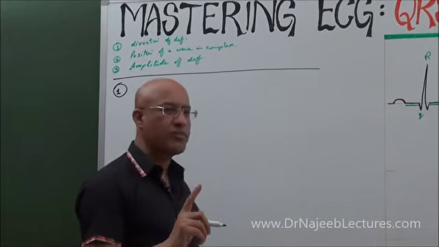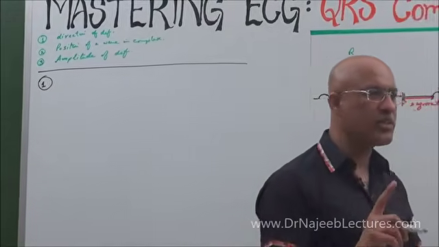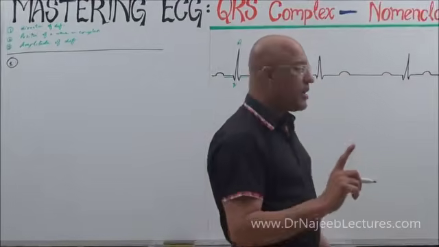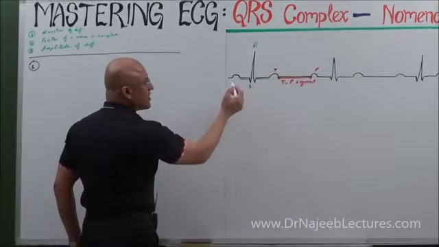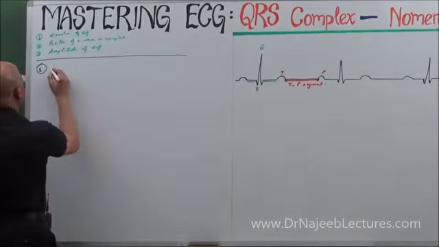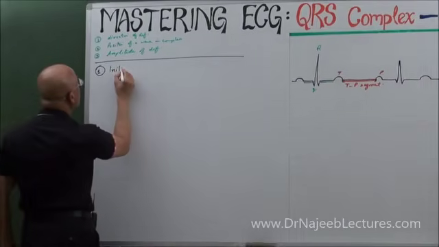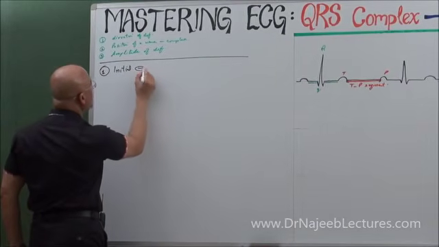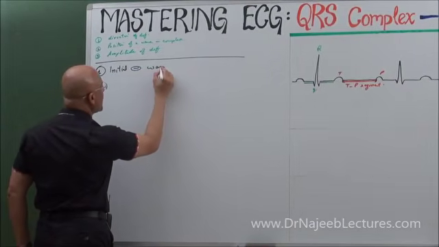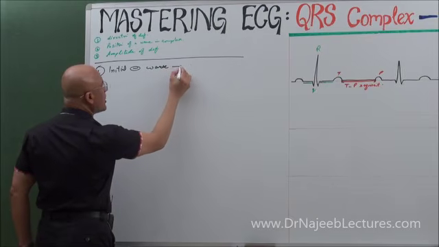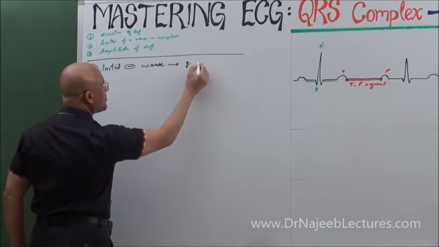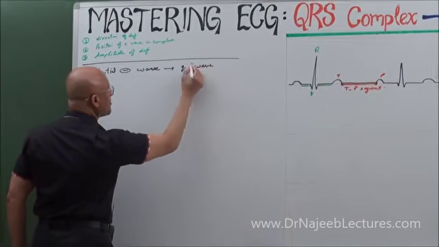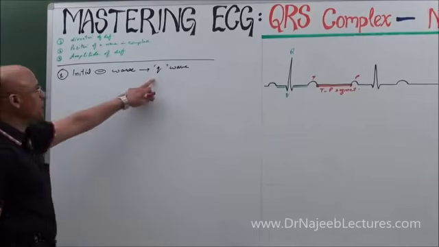The first principle, or first rule of the nomenclature, is that in the complex, the initial negative wave is labeled as Q wave. Now someone from the students said it should be small q.